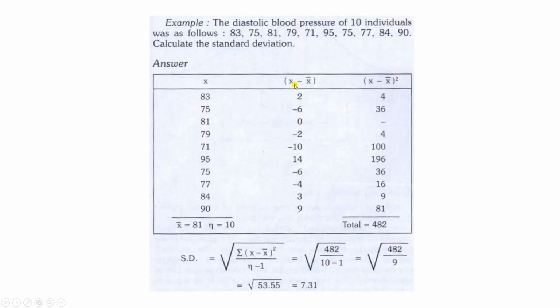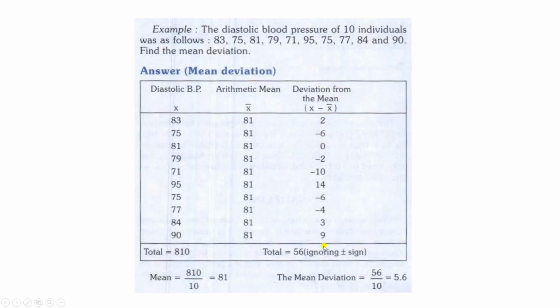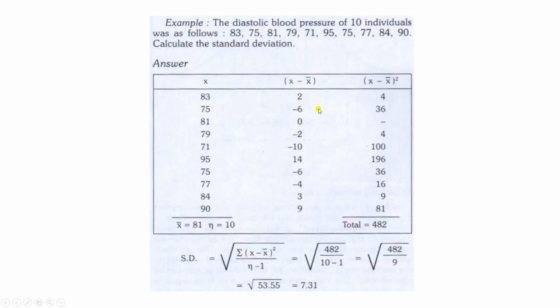All right. Next, we measure the same thing, x minus x bar. Previous table, same thing we have measured, right? Deviation from the mean. So how much is the individual value deviated from the mean value? It can be positive or negative.